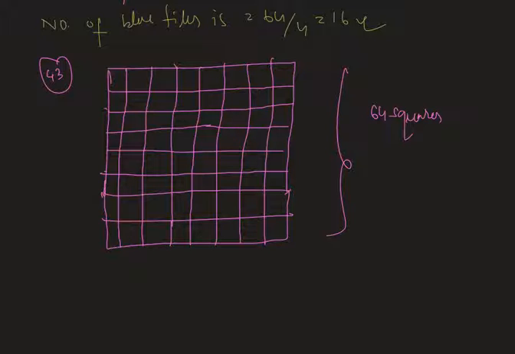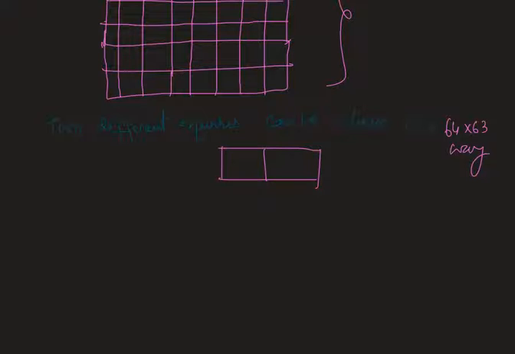Therefore the two different squares can be chosen in 64 into 63 ways. You can see this by the box rule also. For the first choice, we have 64 choices, and for the next one, we have the remaining 63 choices.